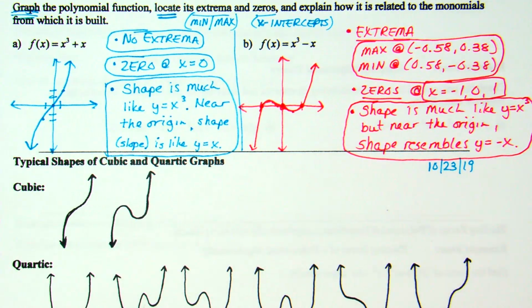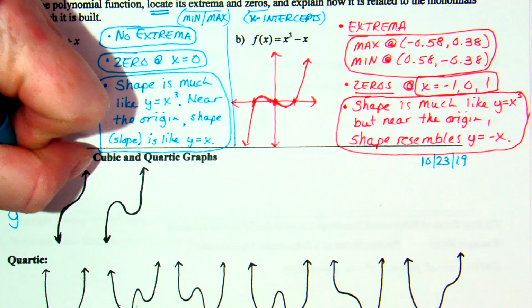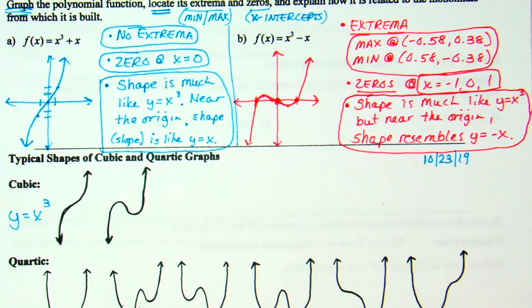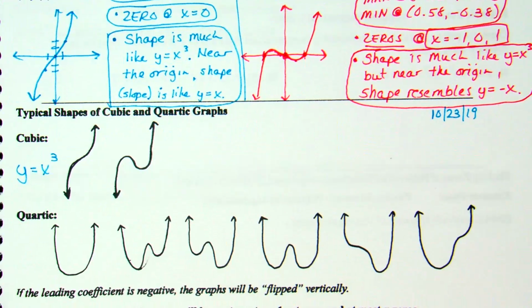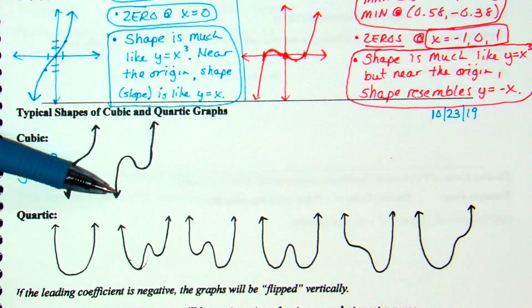When we say cubic, we're talking about a function where the largest exponent is a power of 3. And so those are options of cubic graphs. The basic one we know is this first one. This one right here with the extra mountain and valley, that's like what we just looked at, where there's an extra minus x term thrown in.